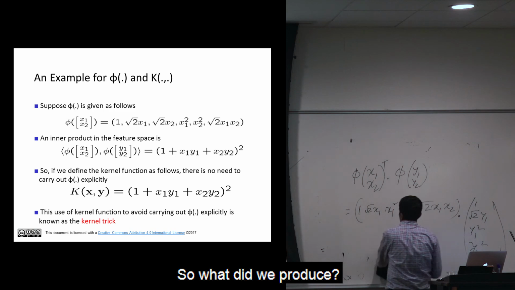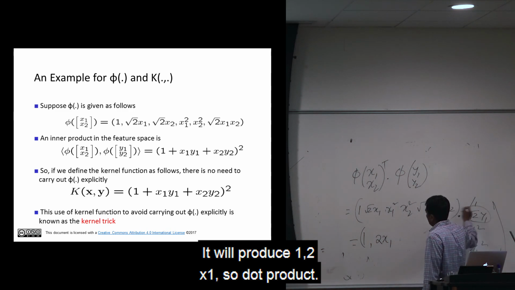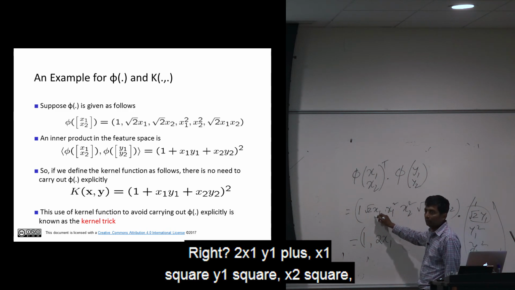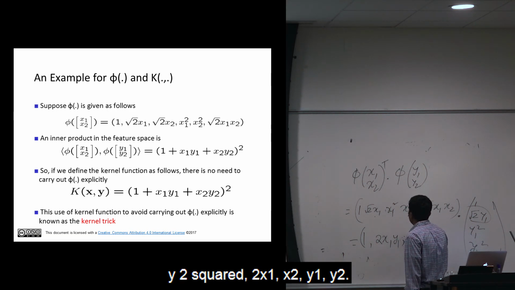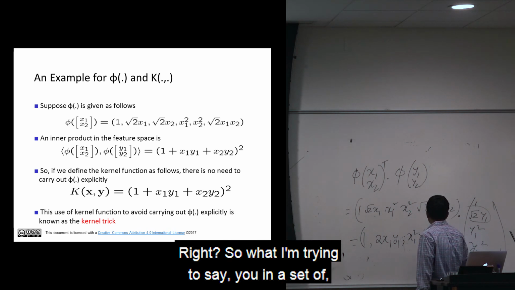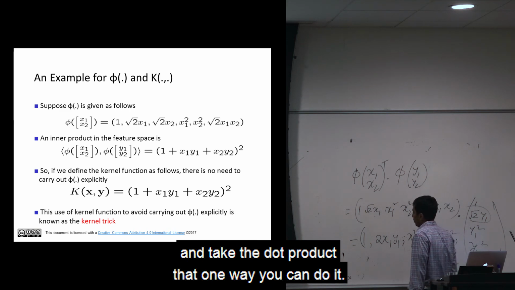So what will it produce? It produces 1, then 2 x1 y1, then x1 squared y1 squared, x2 squared y2 squared, and 2 x1 x2 y1 y2.